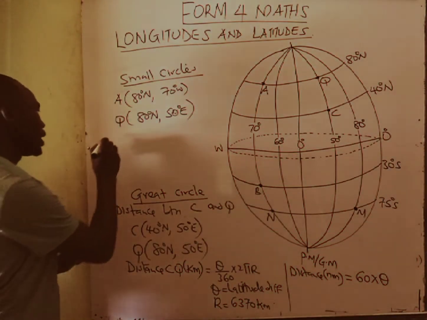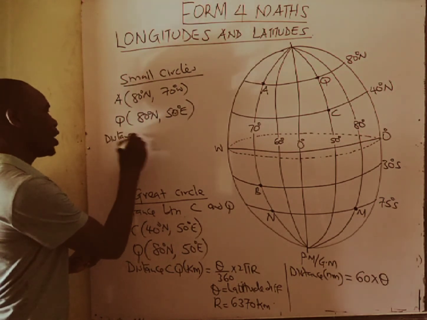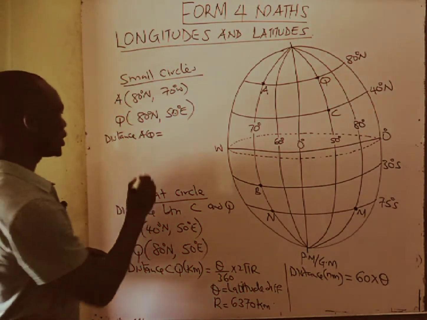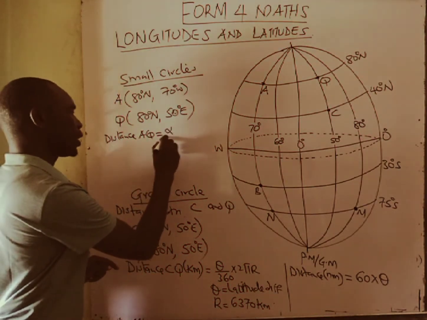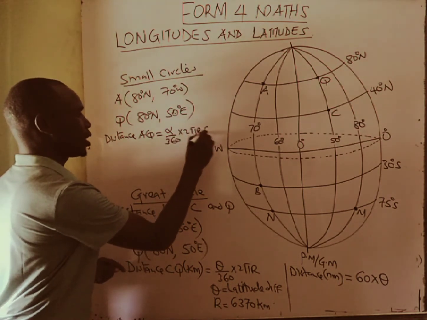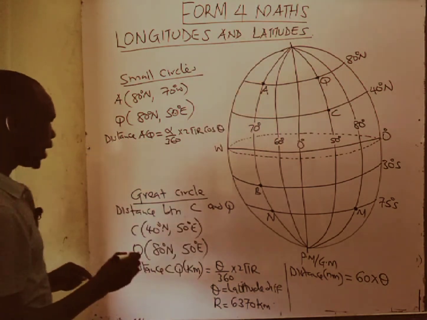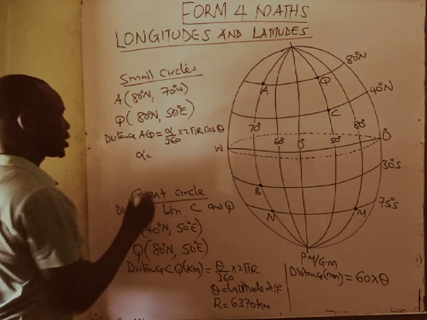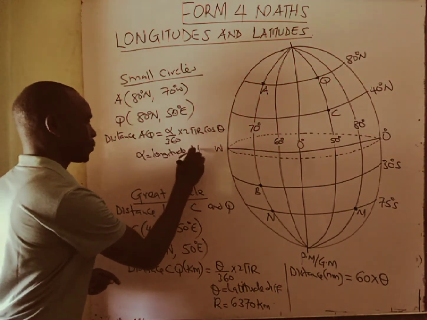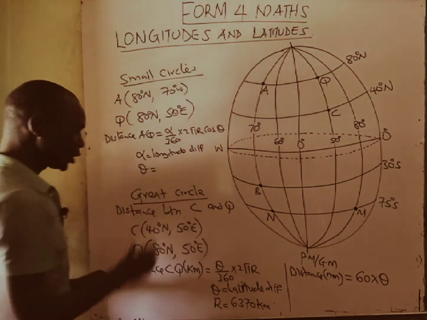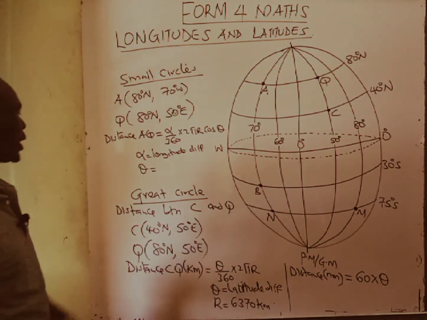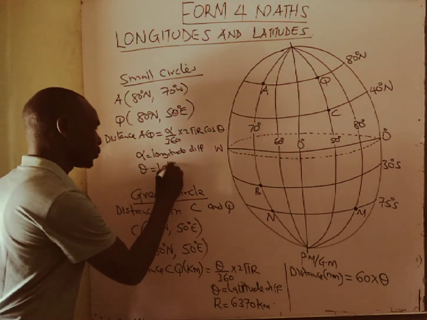And if you want to calculate the distance AQ between these 2 points that lie on a small circle, then distance is going to be equal to alpha over 360 times 2 pi r, then cos theta, where our alpha represents the longitude difference, but our theta does not represent the latitude difference as in great circles, but stands for the latitude position.